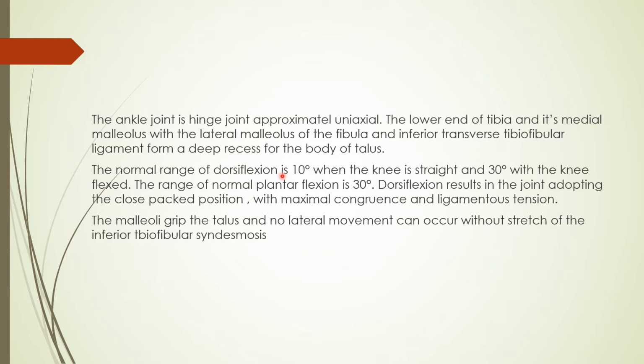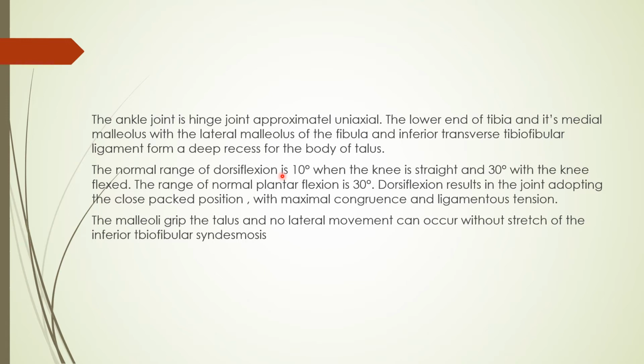What we mean by dorsiflexion is a movement in which the dorsal surface of the foot and ventral surface of the leg, that is, the angle between the dorsum of the foot and front of leg, is reduced. Say when standing straight, the angle between the dorsum of foot and front of leg is 90 degree.